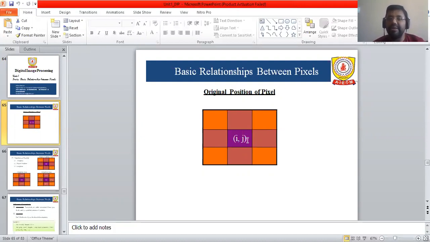Let's consider this the origin, i comma j, the position. The origin starts from here, 0 0, and then you can move further to 0 1, 0 2, 1 0, 1 1, 1 2, 2 0, 2 1, 2 2. This is the way you index it, and we assume this position i comma j.